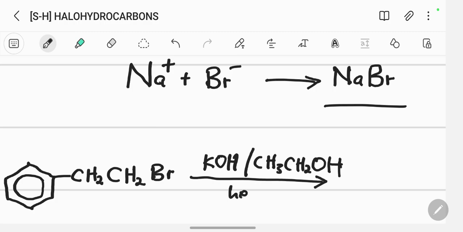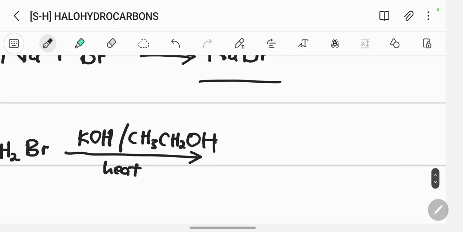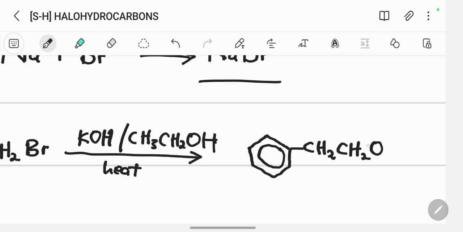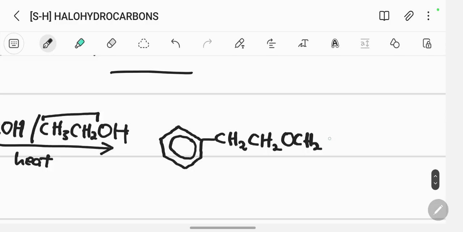So when I heat, it's going to give us CH2, it depends on the number of carbon atoms we've brought. So I'm going to add there 2 and 3 plus.